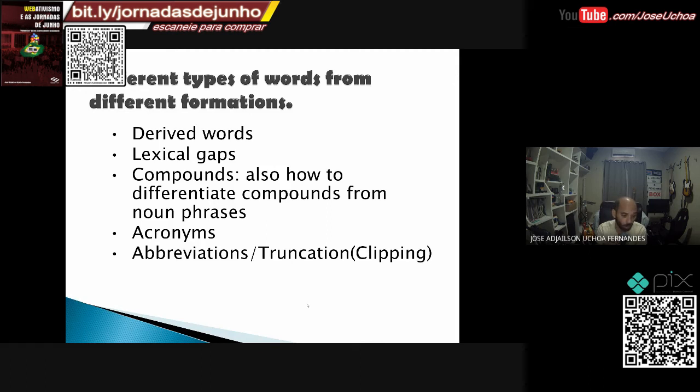But it can also be considered a case of abbreviation because television has become consecrated as a full noun and it's just shortened. Abbreviations are shortenings of words, whereas acronyms are the use of the initials.